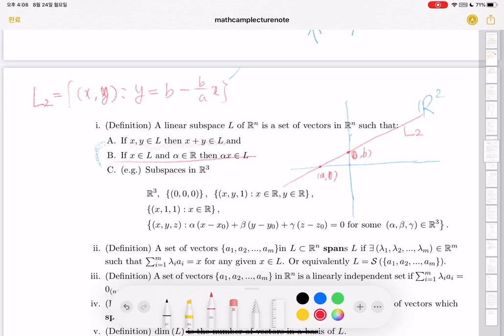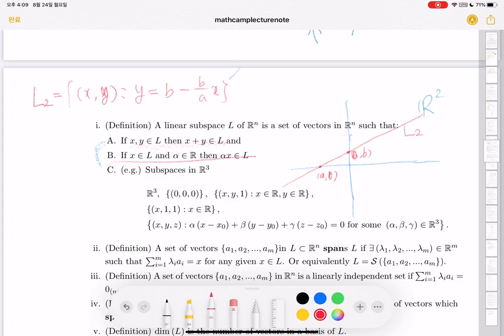Okay, so if your x is 0, then your y is b. If your x is a, then y is 0. Yes, that's your L2. So is L2 a linear subspace of R2?